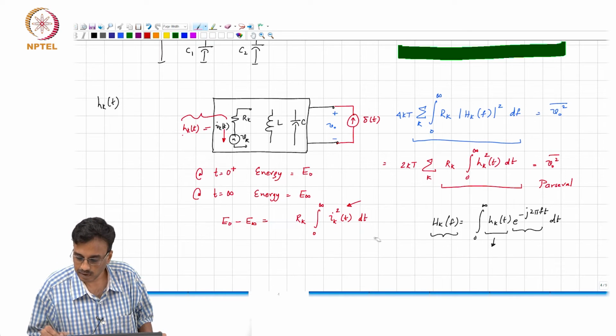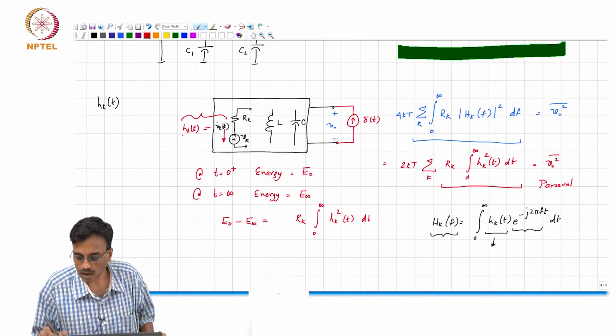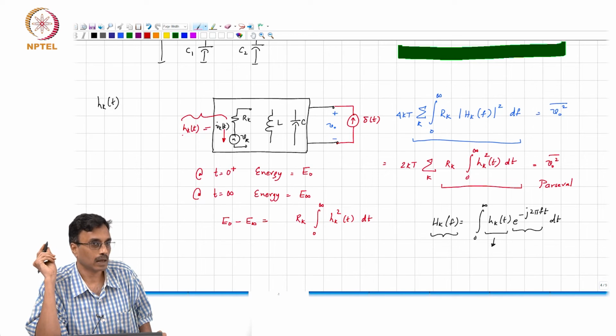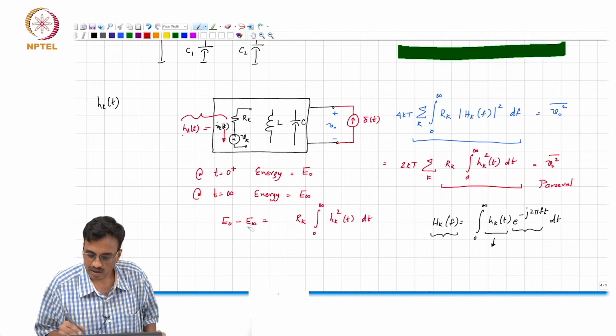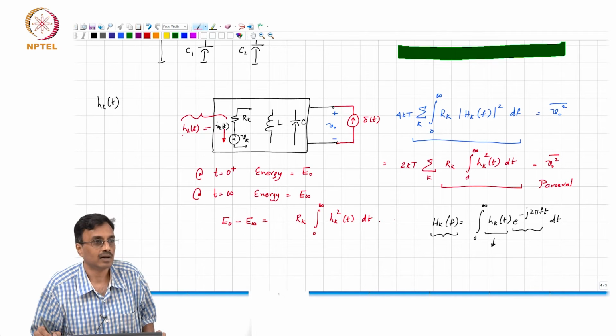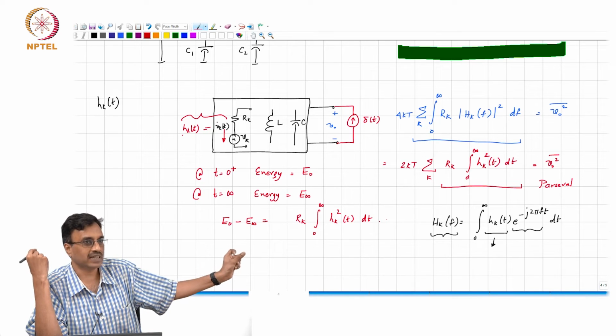So, this is nothing but hk square of t dt, right? You have to multiply that hk with ampere second, which is coulomb, correct?